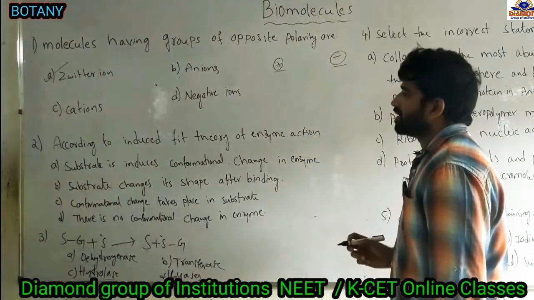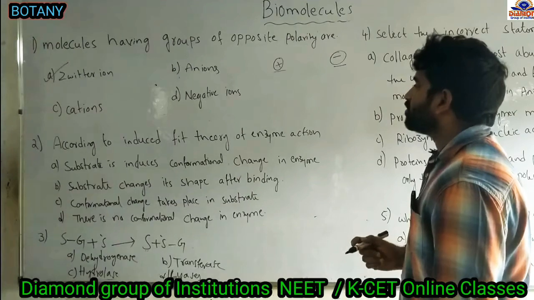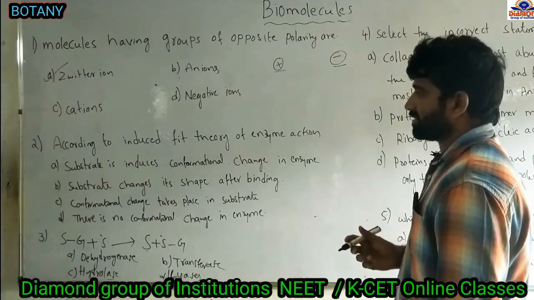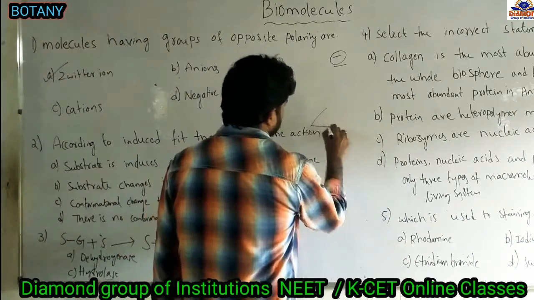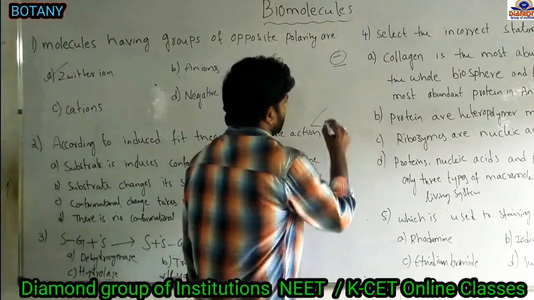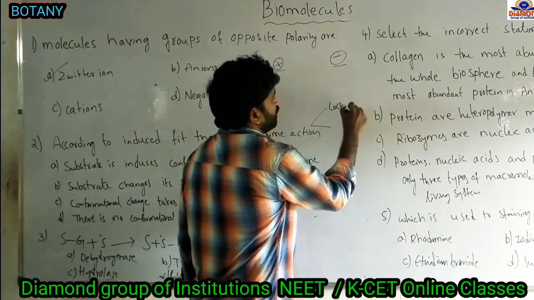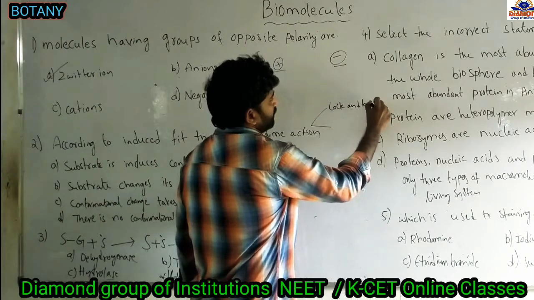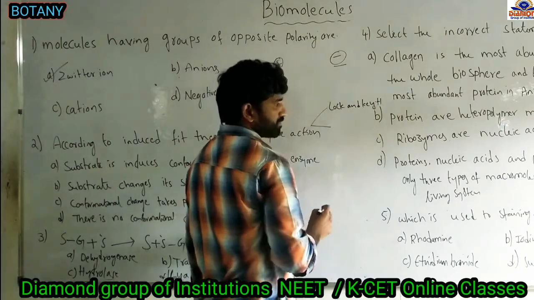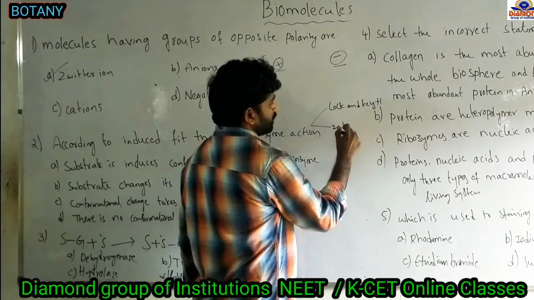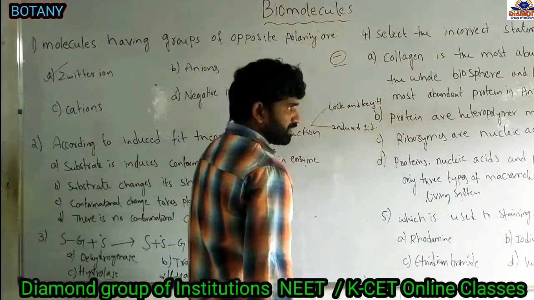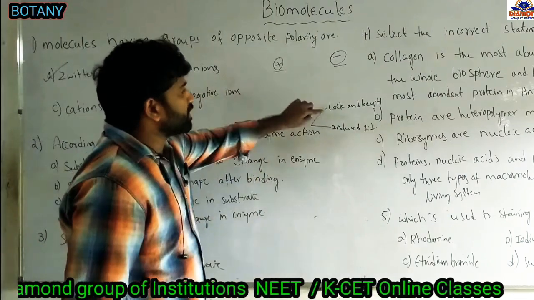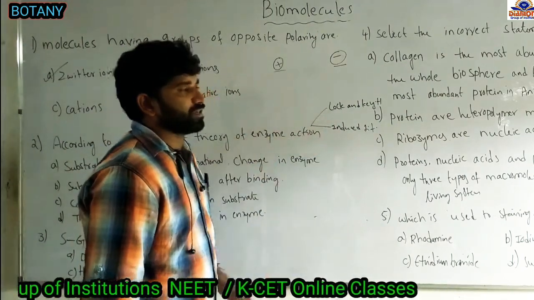Next question: according to the induced fit theory of enzyme action. Here, enzyme action models are of two types: the lock and key hypothesis and the induced fit hypothesis. Now, the difference between the lock and key hypothesis and the induced fit hypothesis.